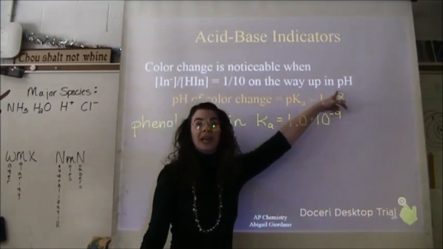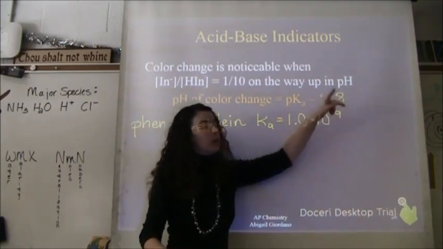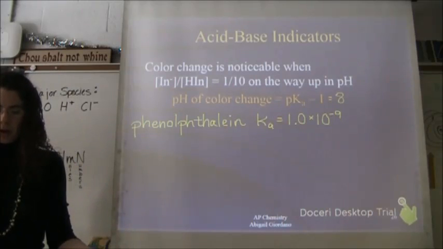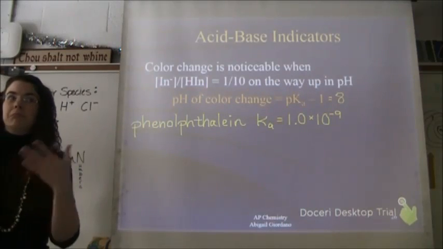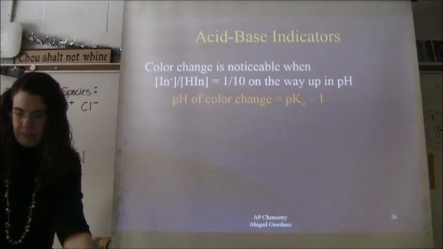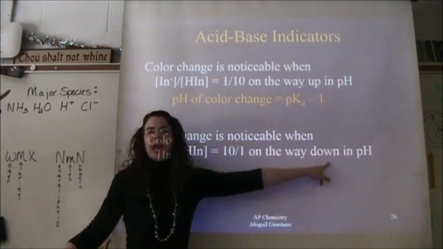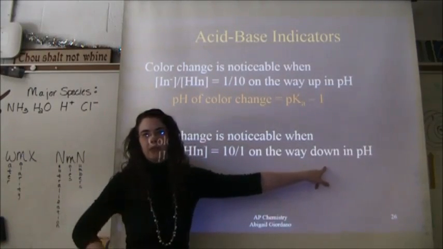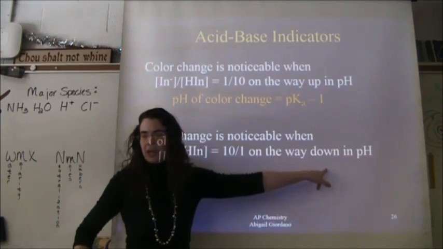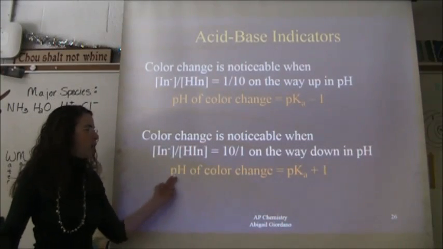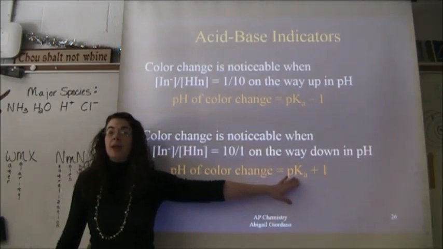Well, if we're titrating up, that will happen at a pH of 8. Well, what if you're titrating down? If you're titrating down, what must we be adding more and more and more of? H plus, acid. If we're titrating down, the color changes at pKa plus 1.